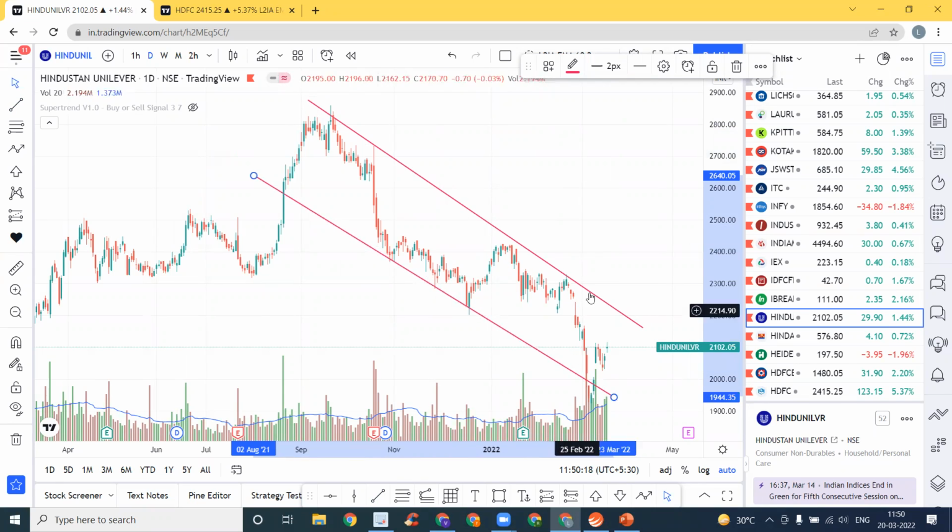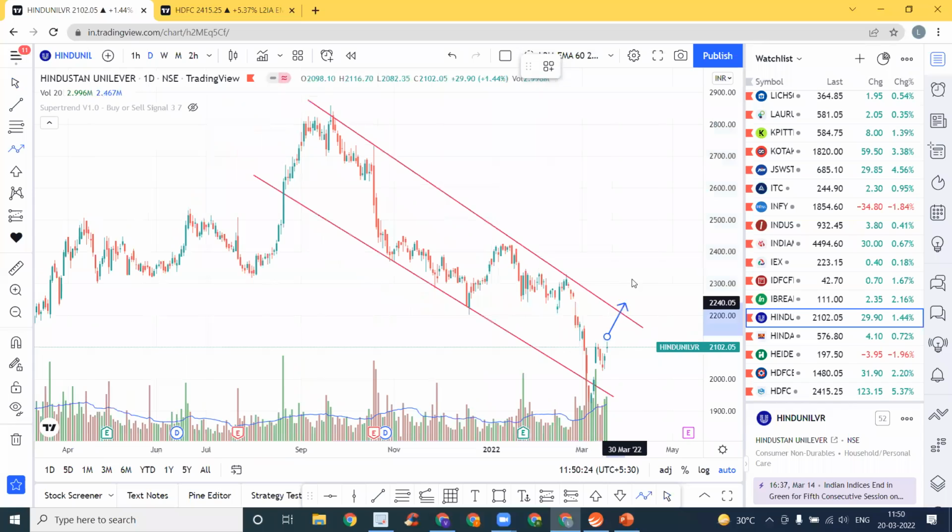So it is moving in this range, and till and unless it crosses this, one should not think of buying this stock. Okay.